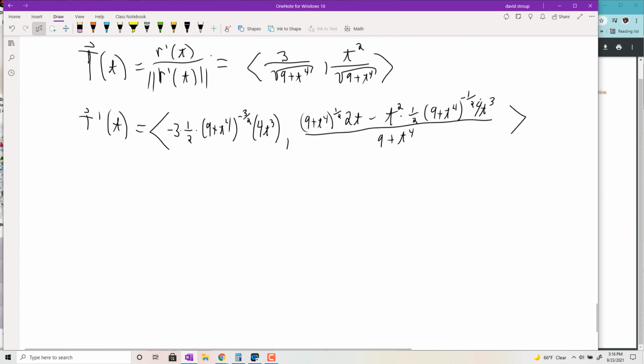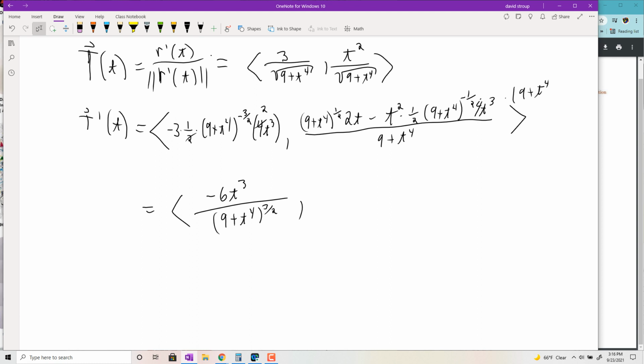Let's clean that up. First guy then: 2 goes into the 4 two times, so negative 6t cubed all over 9 plus t to the 4th to the 3/2, comma. I'm going to multiply top and bottom of this guy by 9 plus t to the 4th to the 1/2.